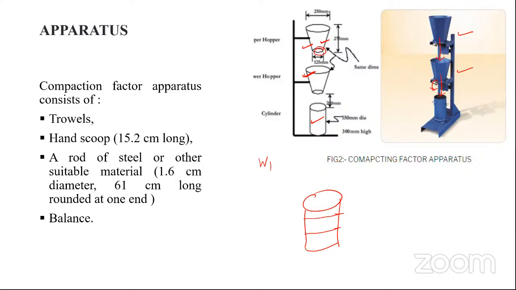During this process, the concrete is compacted manually. Now we take the weight of that concrete, let it be W2. W1 is the weight of compacted concrete due to gravity, and W2 is the weight of compacted concrete due to manual tamping. Is it or not?